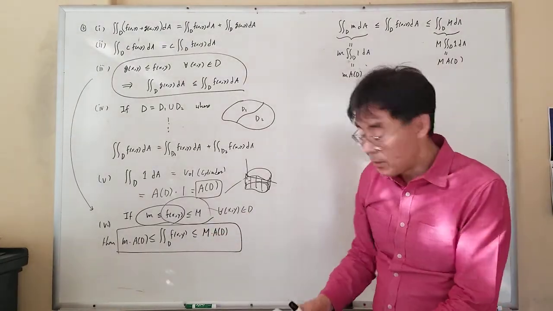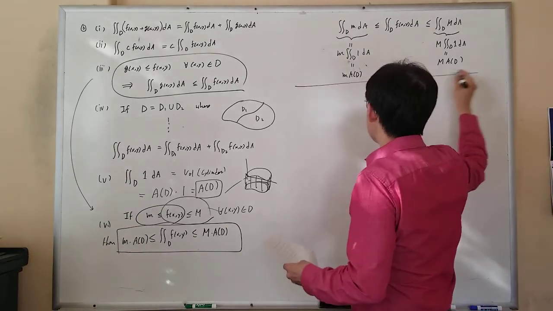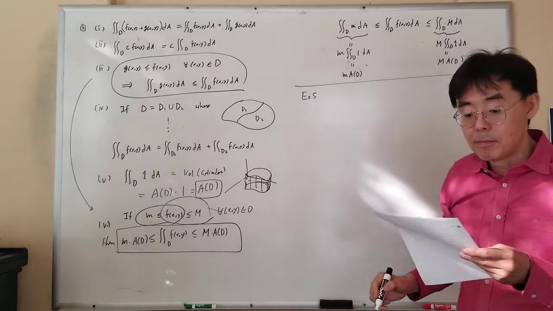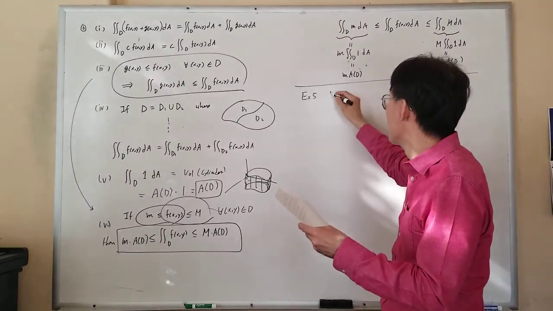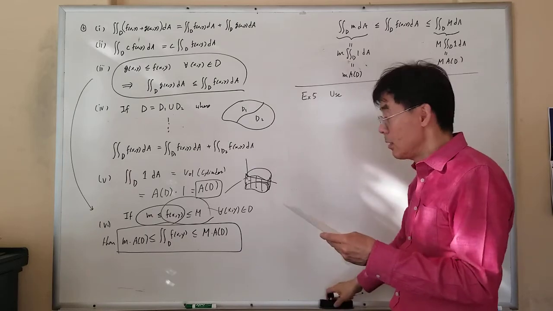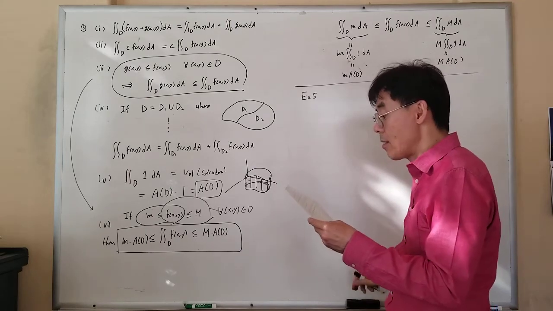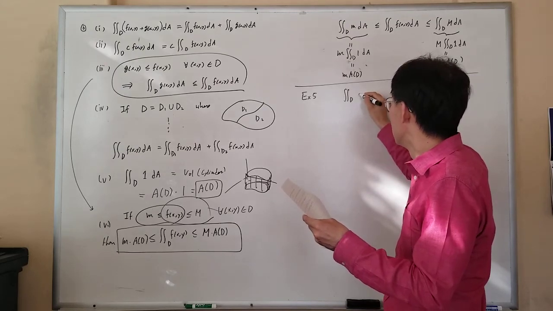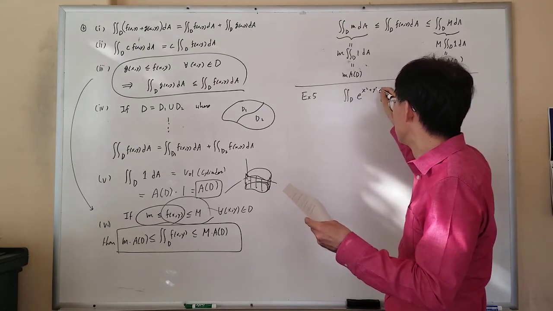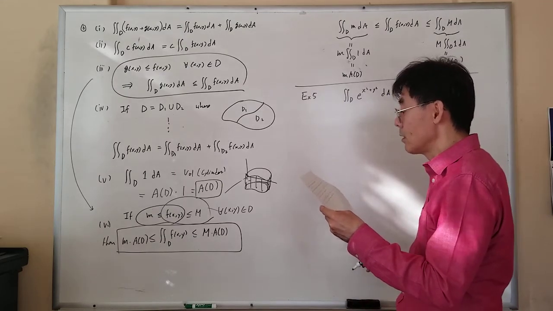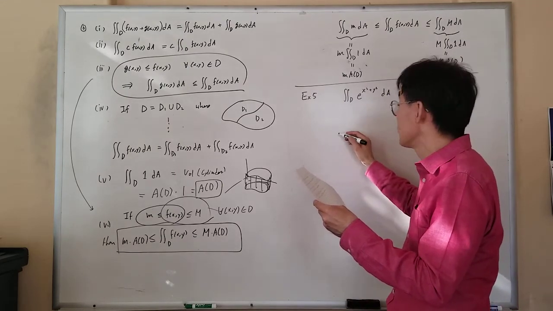Now, the final example of this section. Example 5. Use property 6, I'm not going to write anything, to estimate the integral of this one, where this D is the disk of radius 1/2.